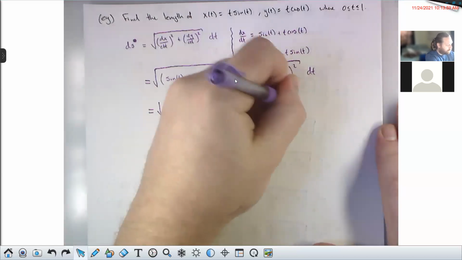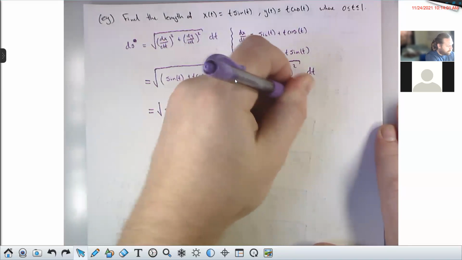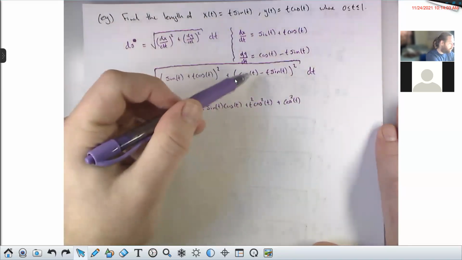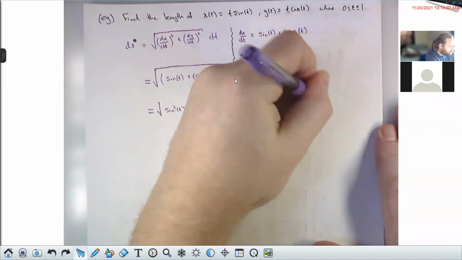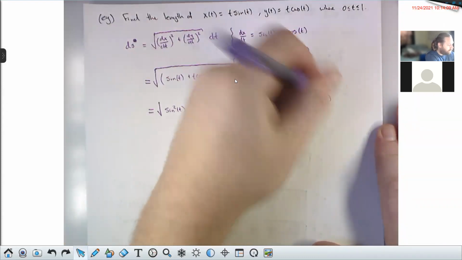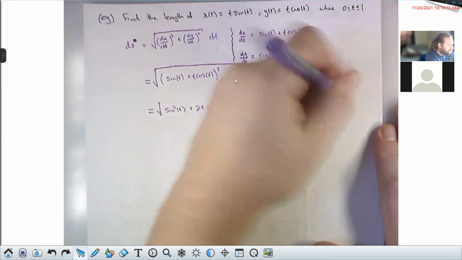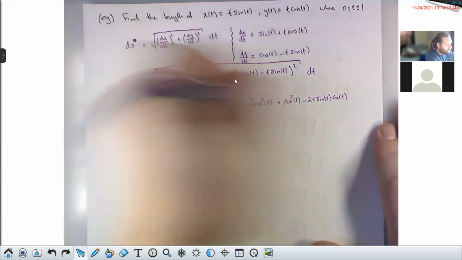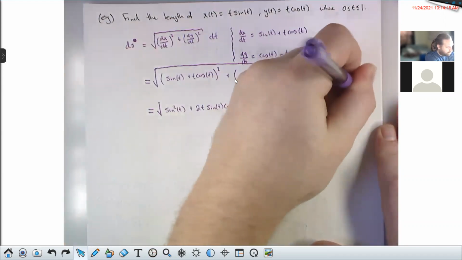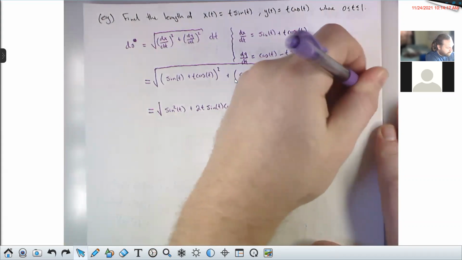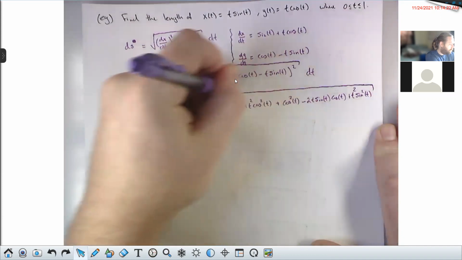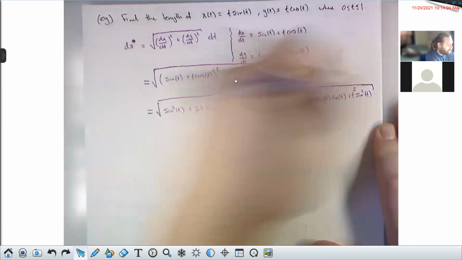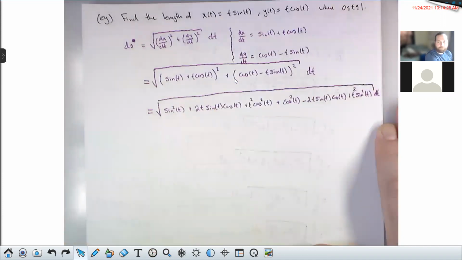I'll get cos squared t minus 2 sine t cos t, minus 2t sine t cos t, and then plus t squared sine squared t, all under this square root with a dt at the end.